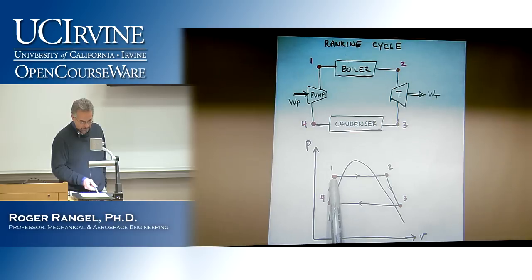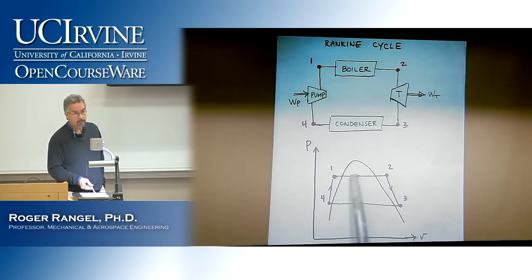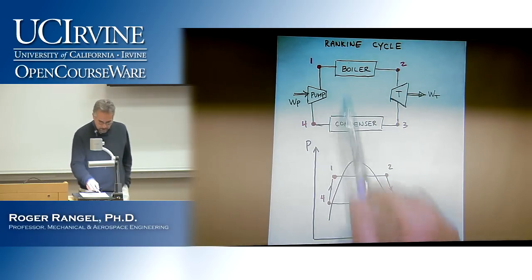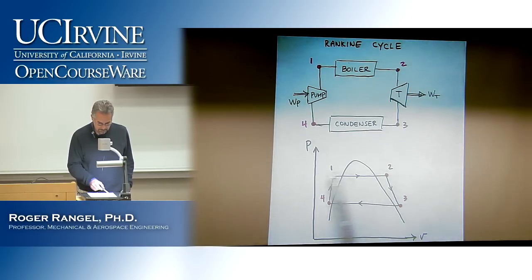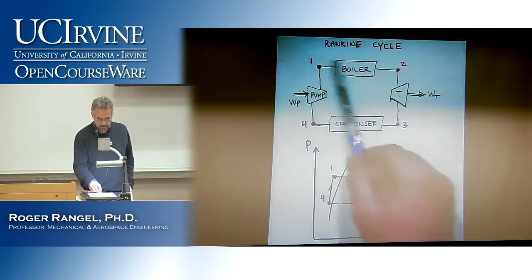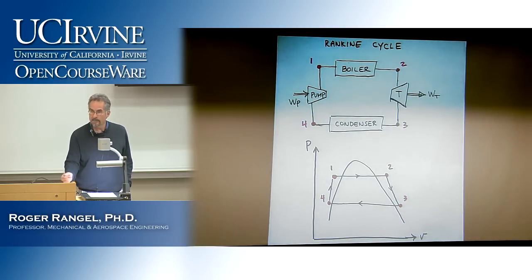And it's going into the boiler. It's a compressed liquid. So it is a liquid. It goes through the boiler, and you can see in the Rankine cycle how that process is a constant pressure process. So as you go through the boiler in the thermodynamical sense, it is an isobaric process. So it comes out at 2 as it goes all across the dome and in fact gets superheated.